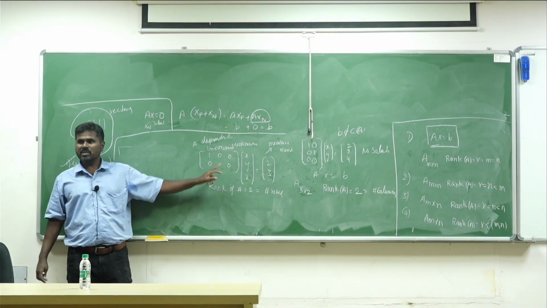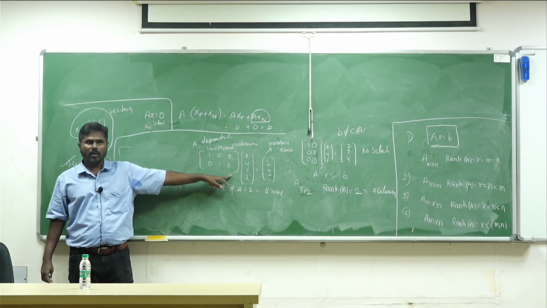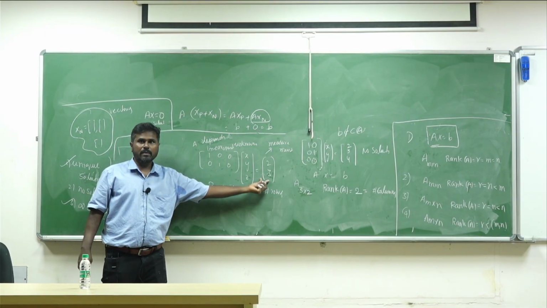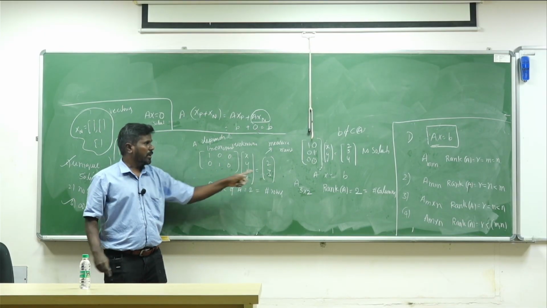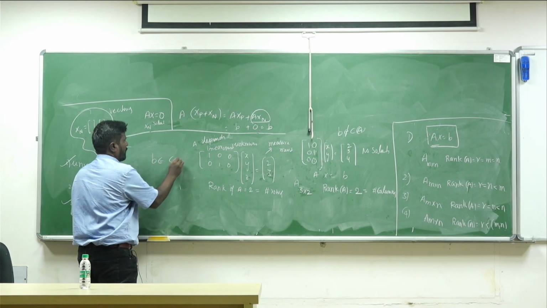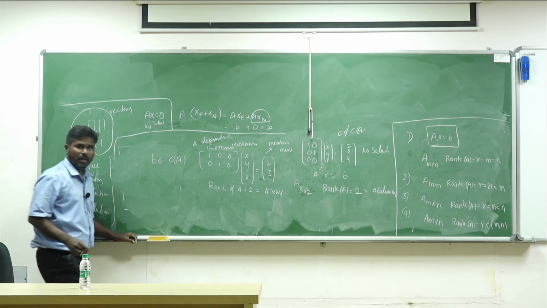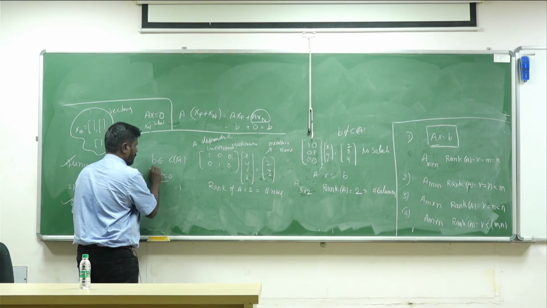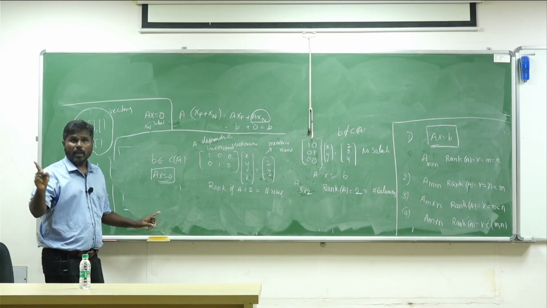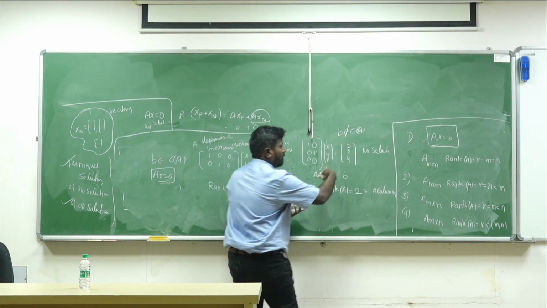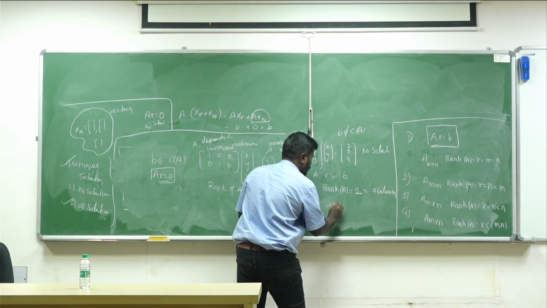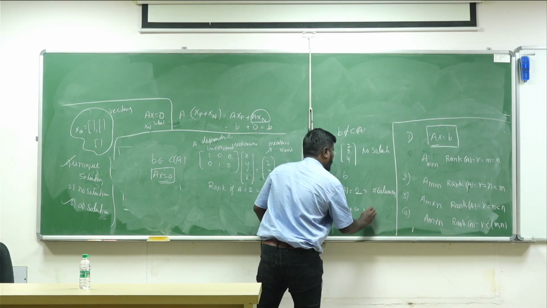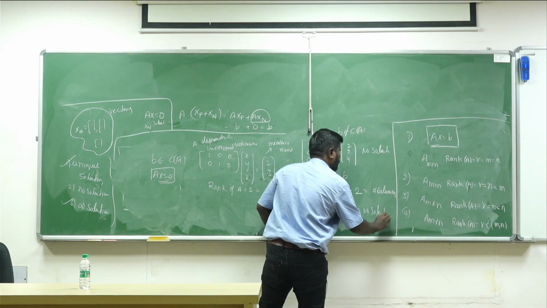Now how many solutions does it have for a particular B? Here B is coming from the column space of A. This system of equations may have a unique solution or no solution.